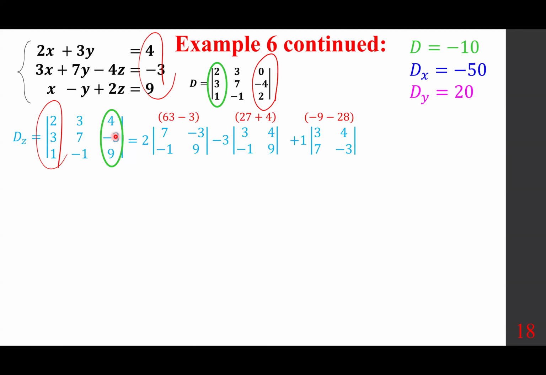And so 7 times 9 minus negative 1 times negative 3, 3 times 9, 27 minus 1 times 4, negative and negative becomes positive. 3 times negative 3 minus 4 times 7, those are the numbers. 63 minus 3 is 60 times 2, 27 and 4, 31 times negative 3, negative 1 and negative 28 times 1. That means negative 37. So add them up and you end up with negative 10, everybody.